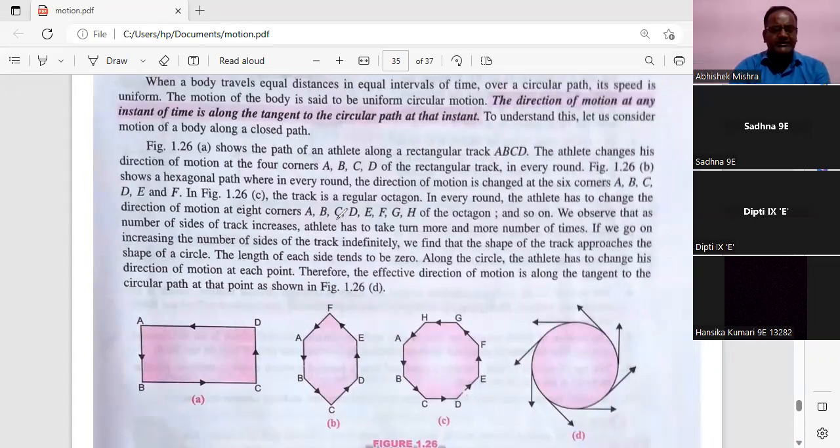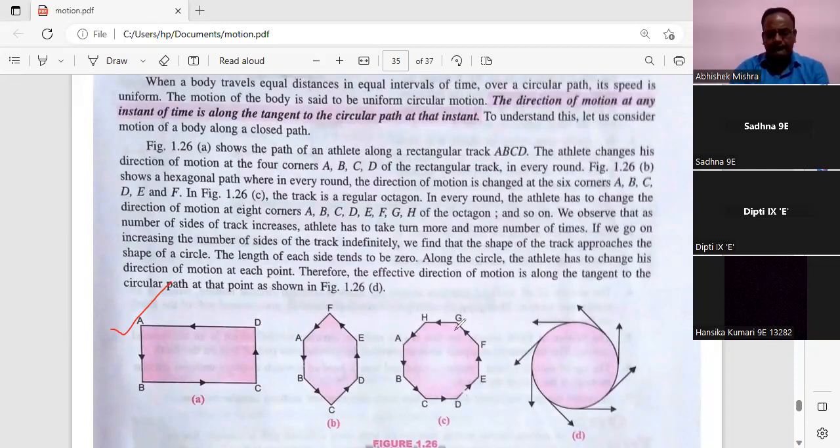Now see, let us first see figure A. It is a rectangular track A, B, C, D. Suppose the athlete changes its direction of motion at the four corners A, B, C, D of the rectangular track in every round.